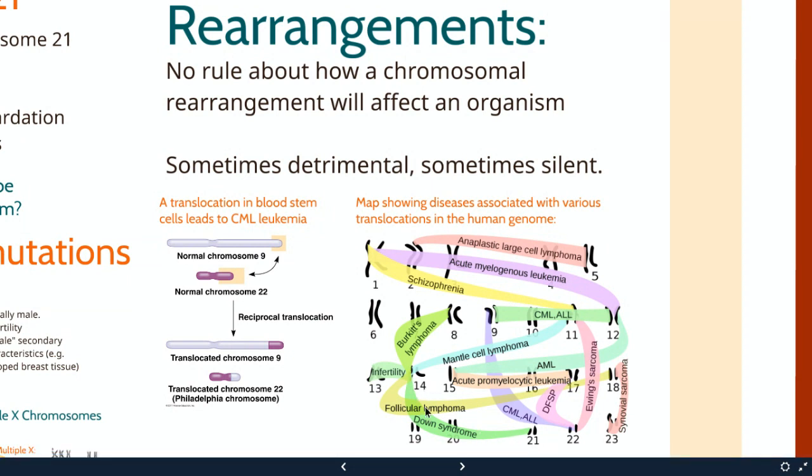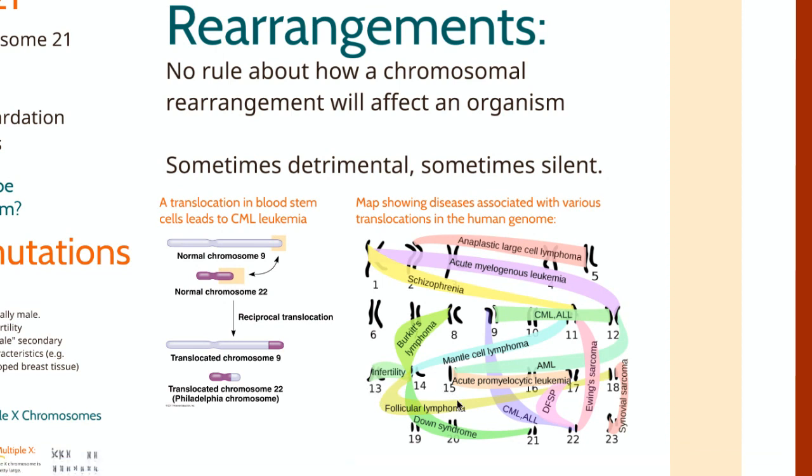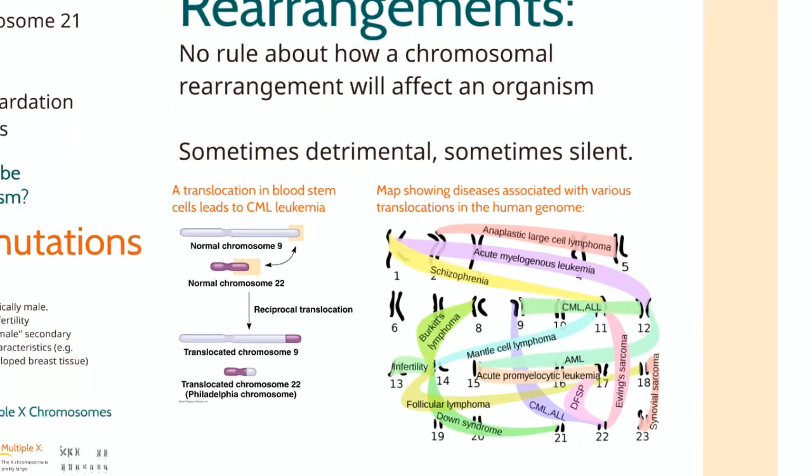There is a form of Down syndrome that we go from 21 over to 14. There is infertility associated with translocations between 13 and 14. And so these are just a few of them. A lot of them are unknown and wait and see scenarios.